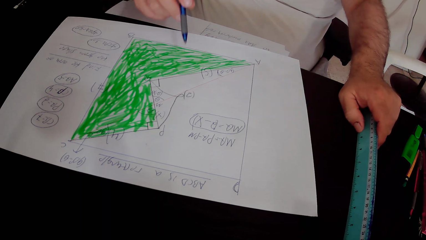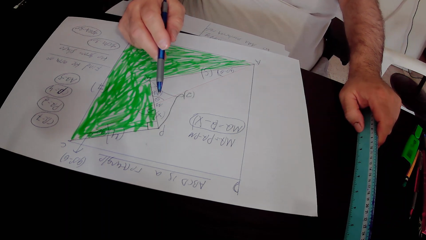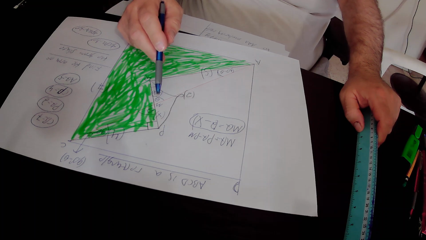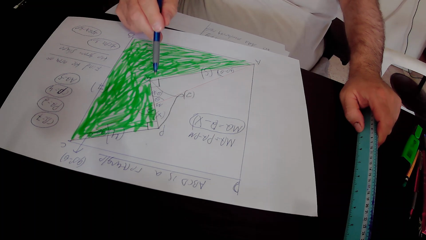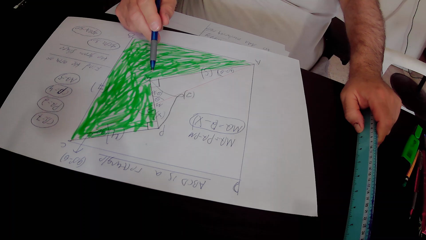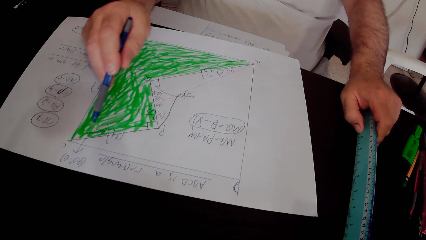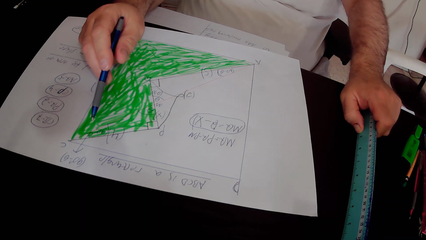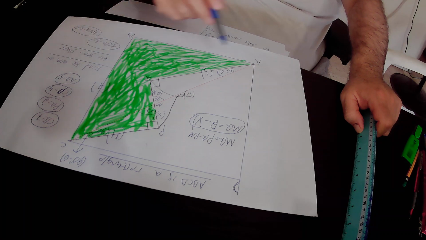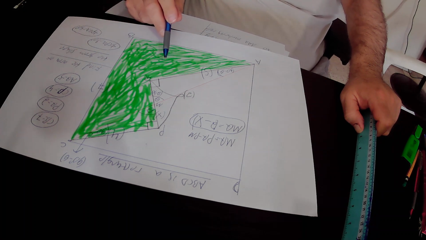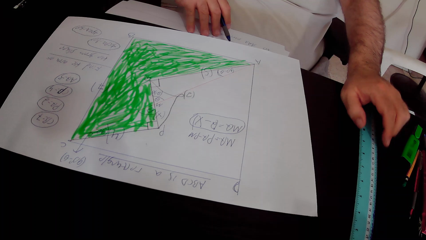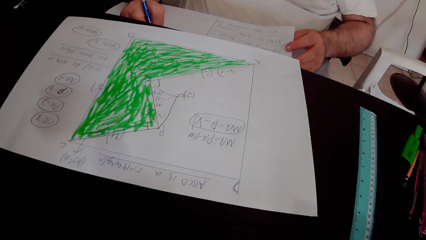Side PM in the right green triangle PMC over side MQ in the right triangle AMQ equals side PC in the right green small triangle PMC over side AQ in the right triangle AMQ. So I write it down.